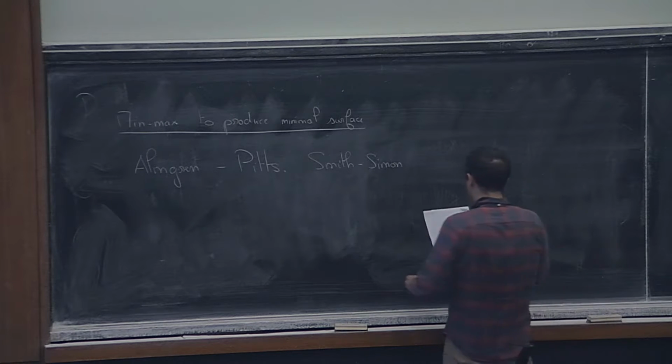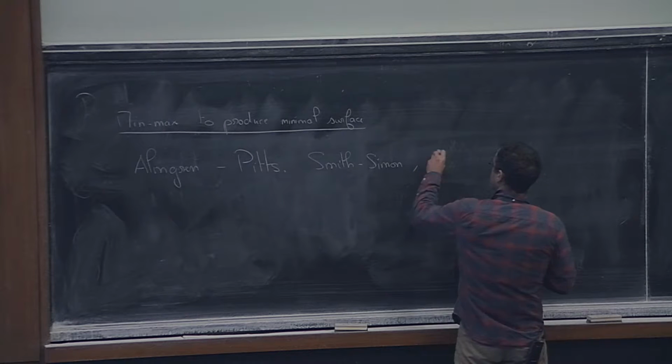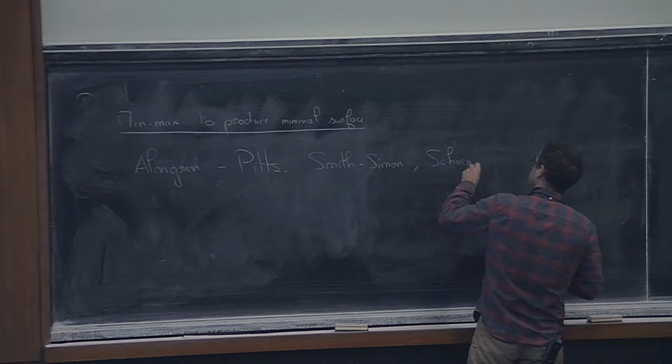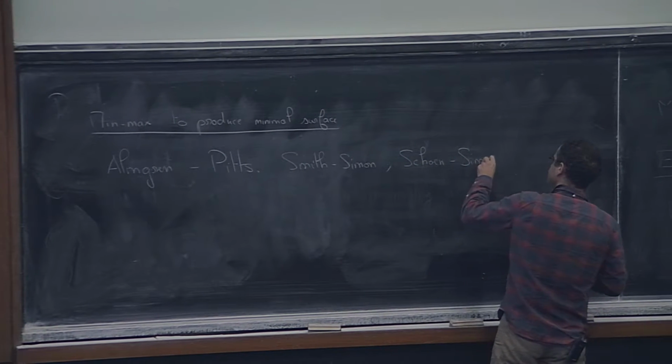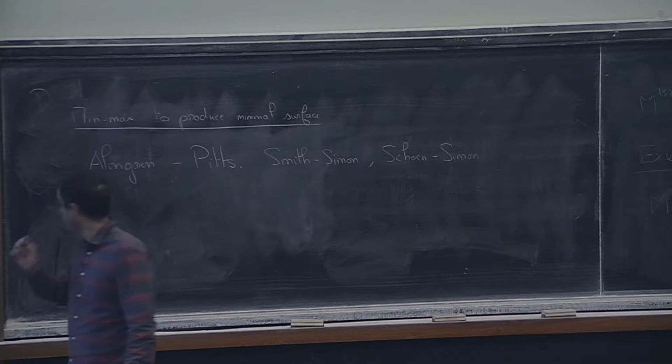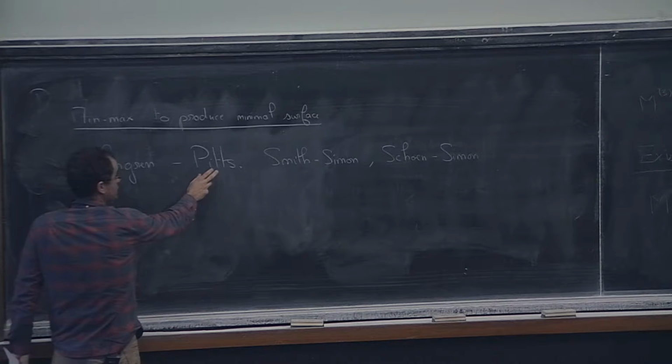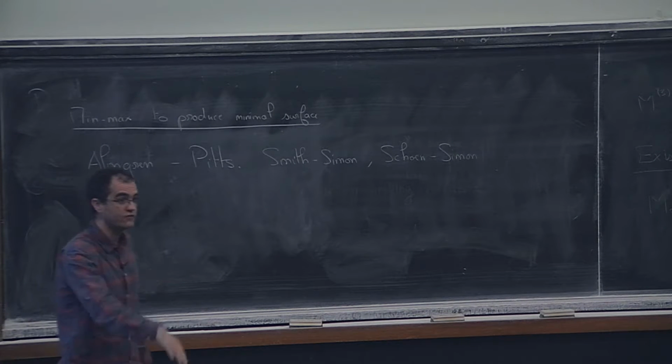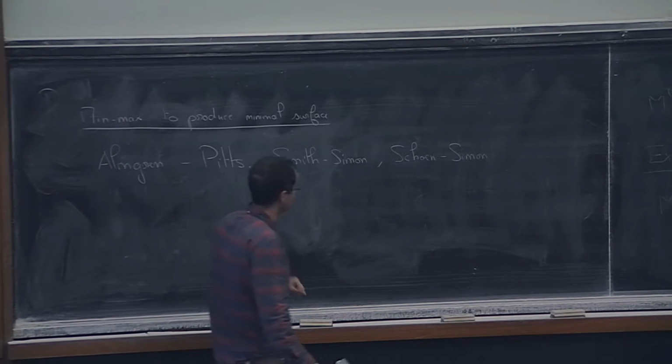There is the work of Schoen and Simon, which is more about the regularity theory of the theory of Pitts. But for today's talk, since I focus on surfaces, everything is already in the result of Pitts.